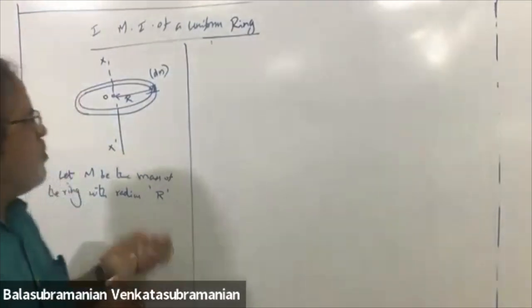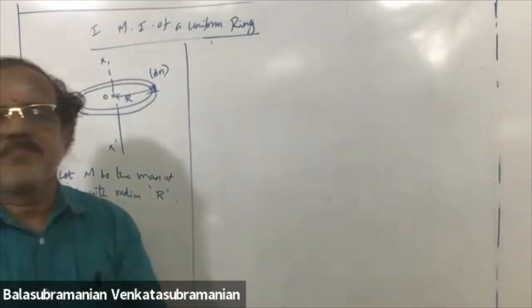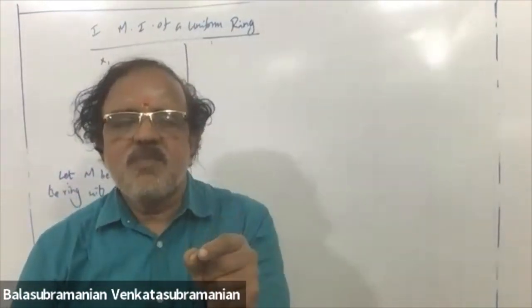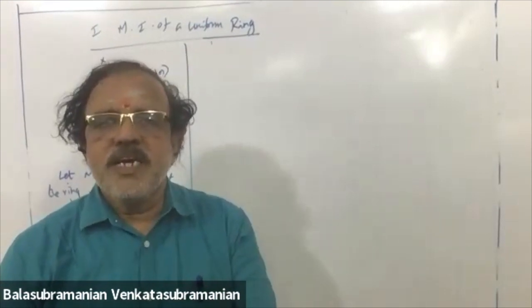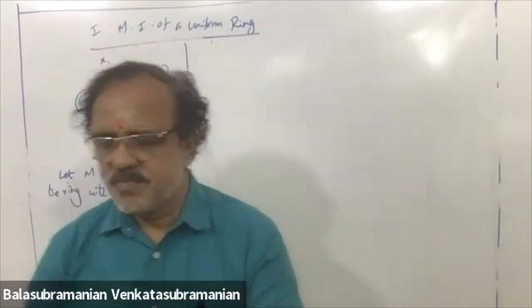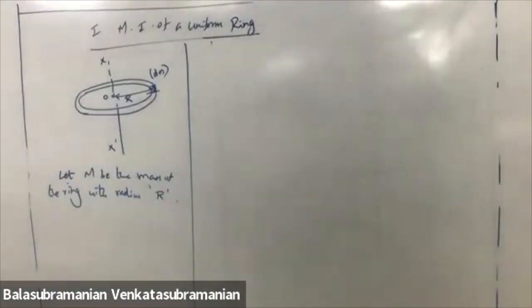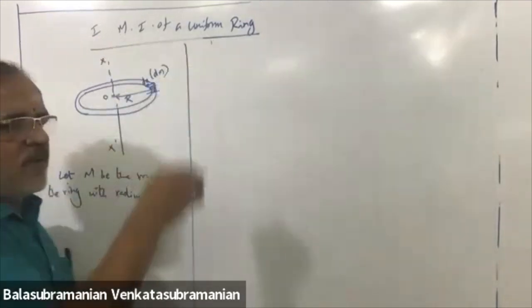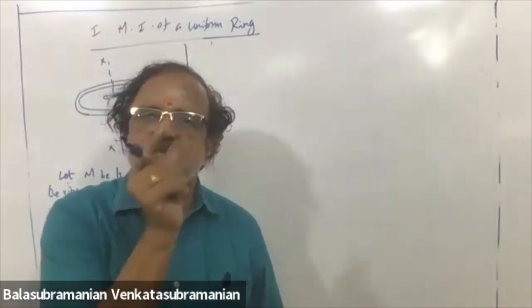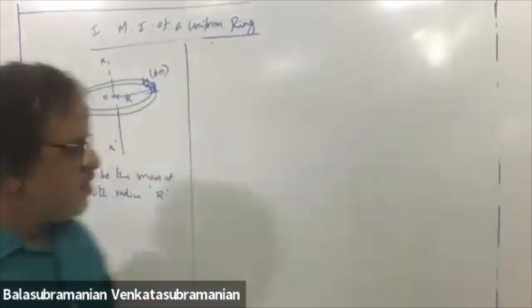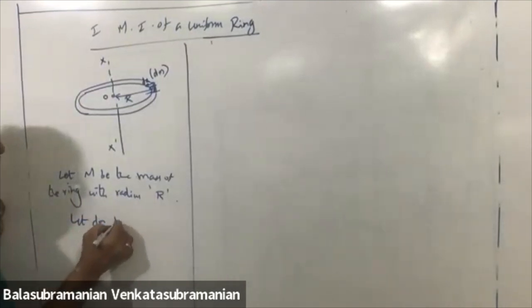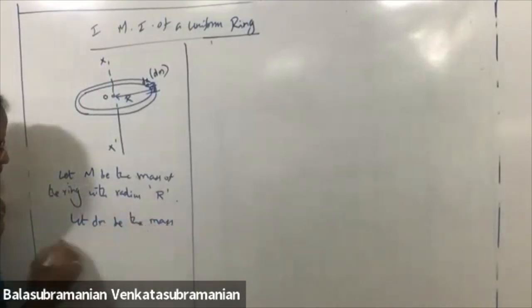Our aim is to calculate mass of this small portion. What is the basic calculation? Total mass by total length into length of that part. Here also that small portion length is dx. Let dm be the mass of the small portion.